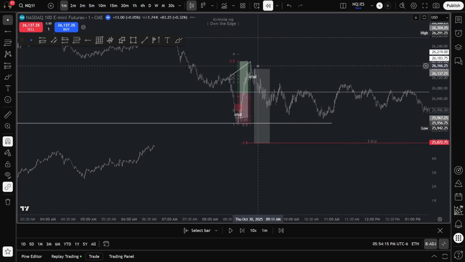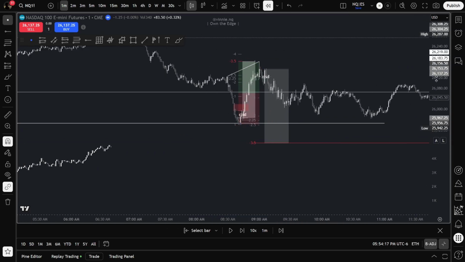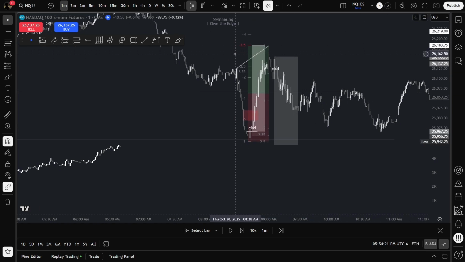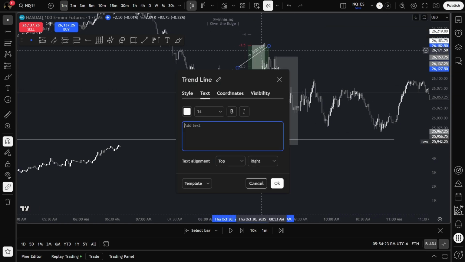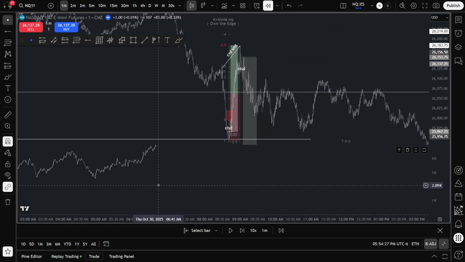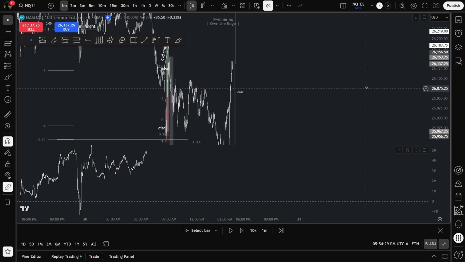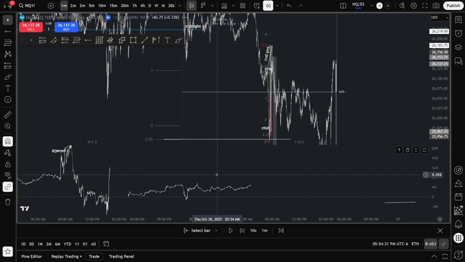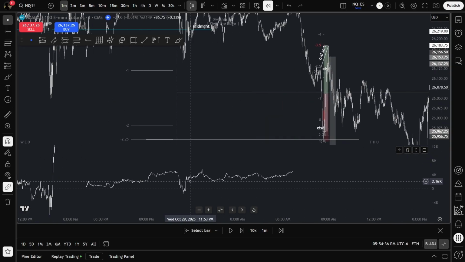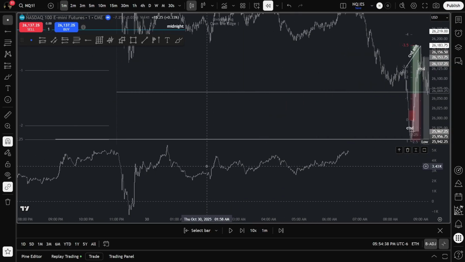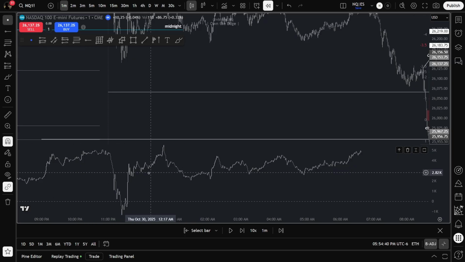Now, what gives me more confirmation, and is probably one of the best confluences I have to pair with my standard deviation so far, is this SMT. And it's not just a normal SMT, it's called a CVD SMT. I don't know why my CVD indicator isn't really working too well, but CVD shows you the buying pressure and selling volume.